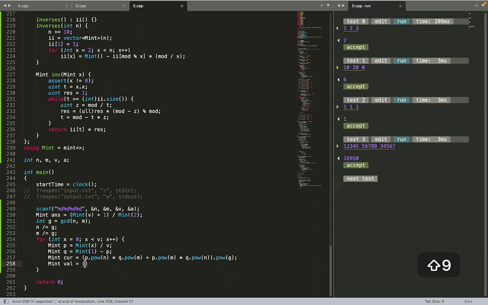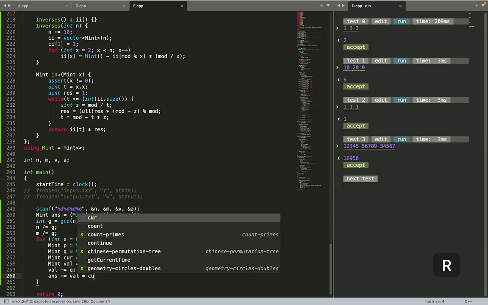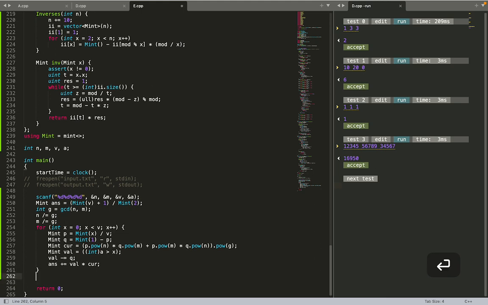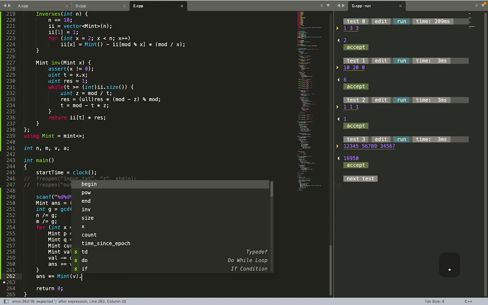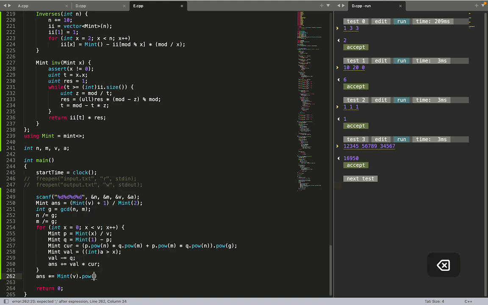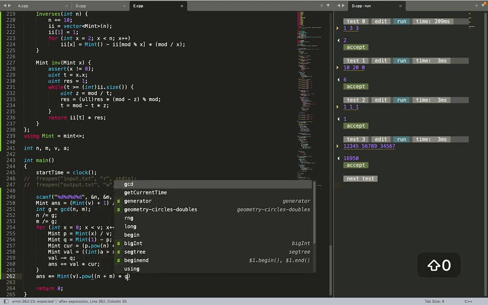Our value is: is it true that a is strictly greater than x? And we should subtract the expected value, which is q. And to ans add value times probability, and now multiply ans by v to the power of n plus m, but I have divided them by GCD, so multiply back.